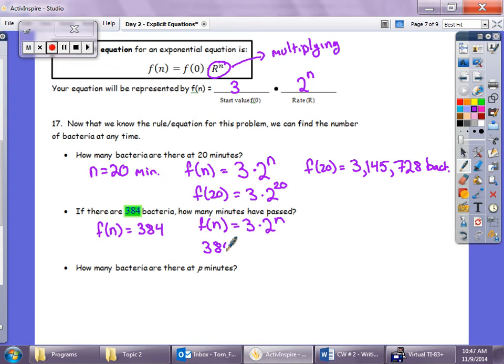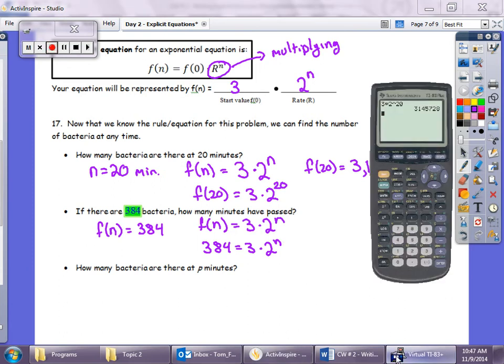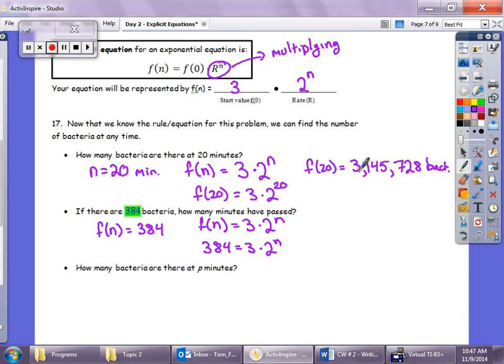So 384 equals 3 times 2 to the power of n. Now we can solve this, and we can do it one of two ways. We can use our graphing calculator, or we'll do it the way we learned before, where we want to get this 2 to the n all by itself.